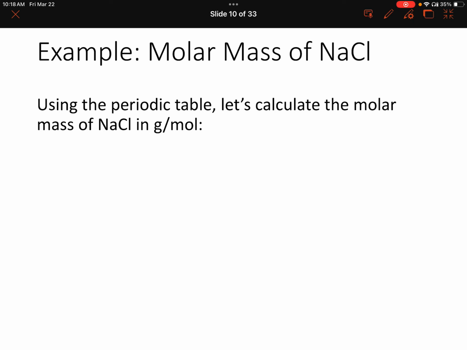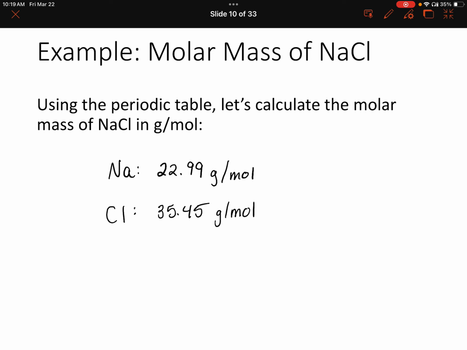All right, so if we look up the mass of sodium on the periodic table, its mass is 22.99 AMU, but in this case, we want the molar mass. So instead of using the unit AMU, we'll use grams per mole. And then chlorine's mass is 35.45 grams per mole.